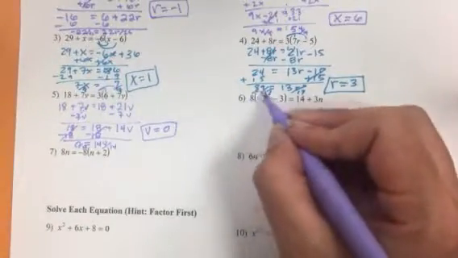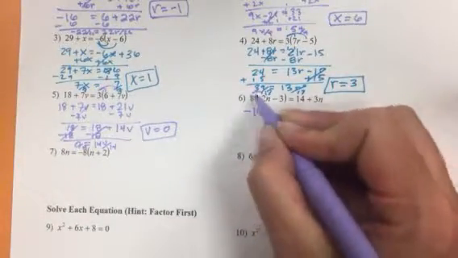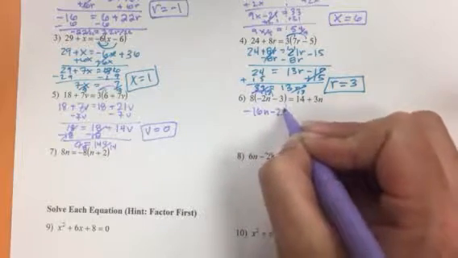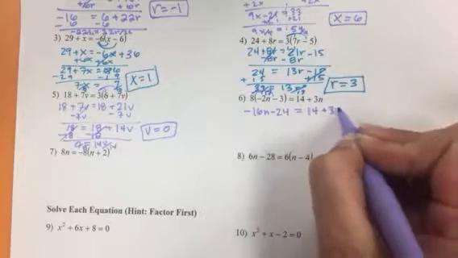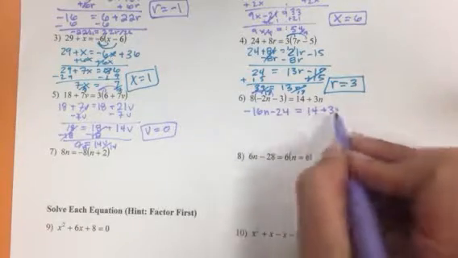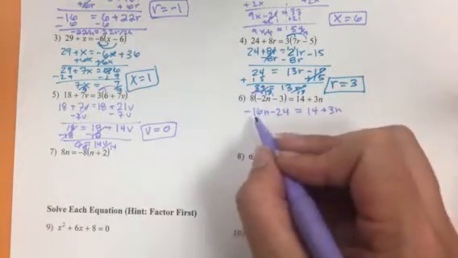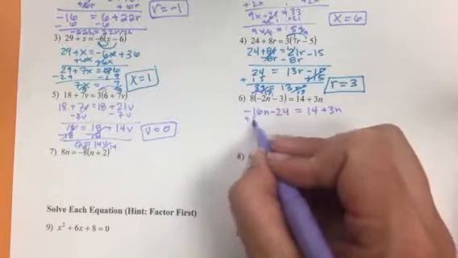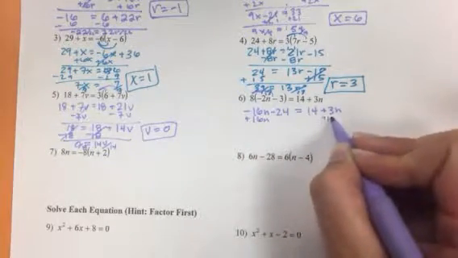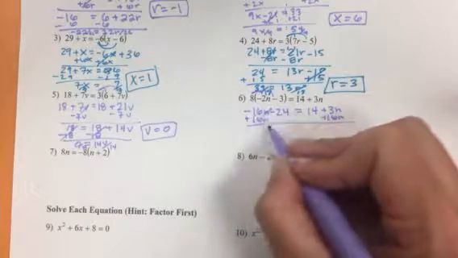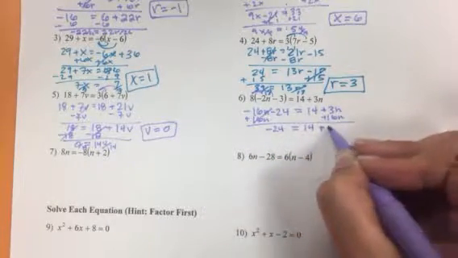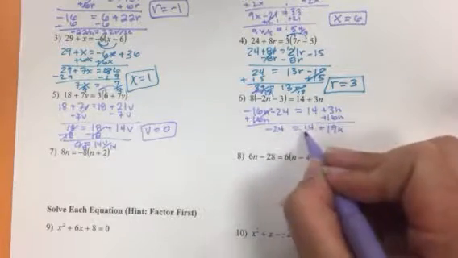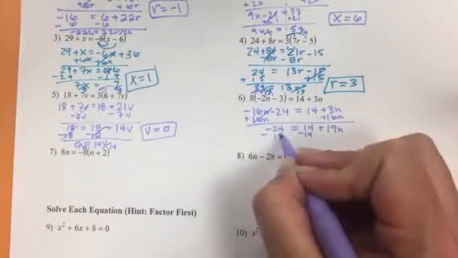Problem 6, I have negative 16n, negative 24 equals 14 plus 3n. Smaller n, let's see, the negative's the smaller one technically, so we're going to add 16n. Negative 24 equals 14 plus 19n, minus the 14.